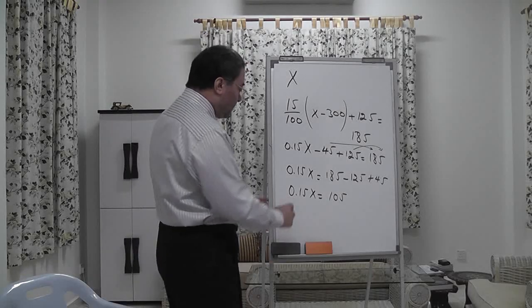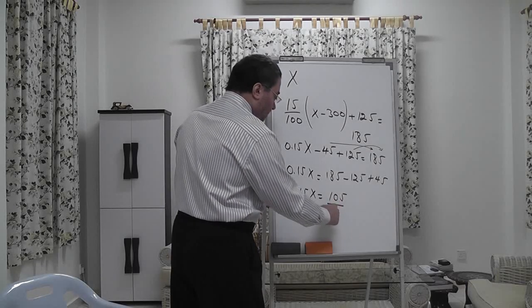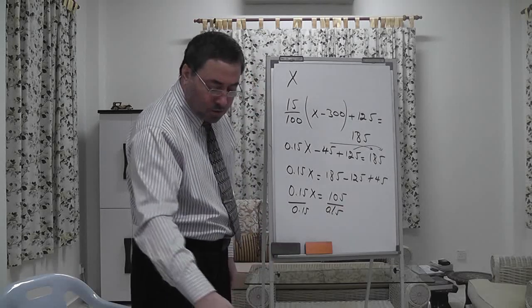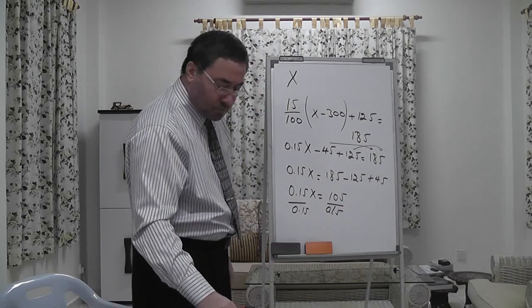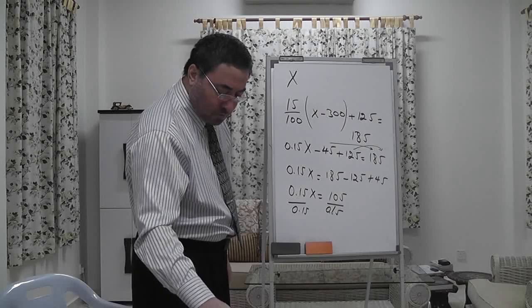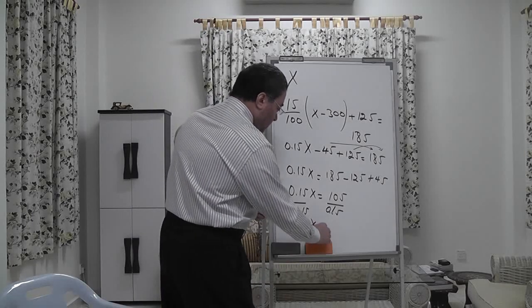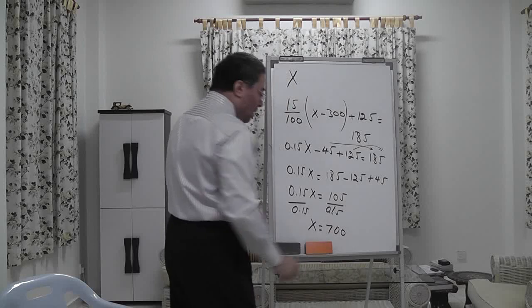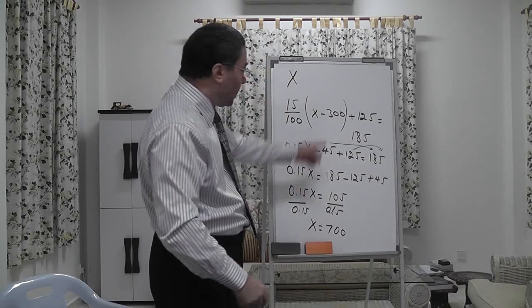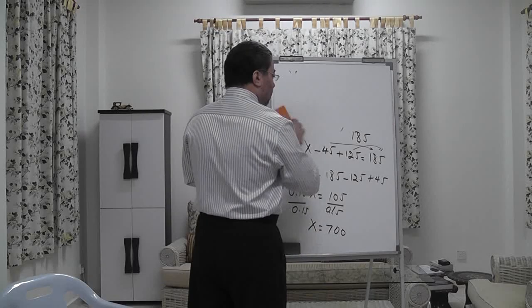Now we divide by 0.15, and x equals 700. So she has to make $700 in sales in order for her to make 185.